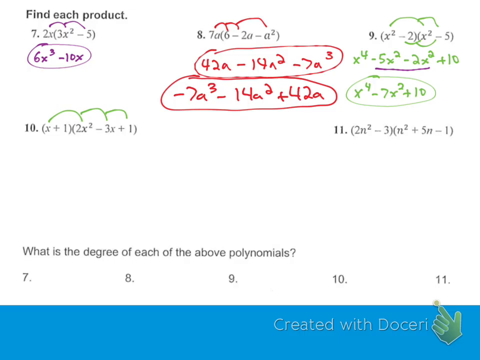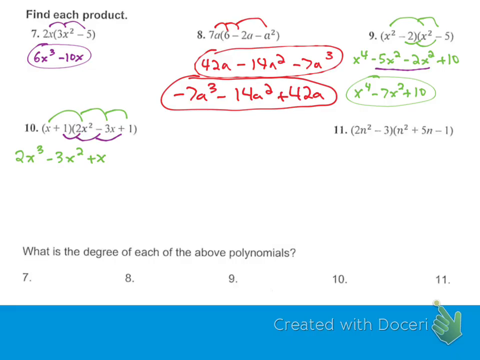So I'll have x times 2x squared, which gives me 2x cubed. X times negative 3x gives me negative 3x squared. And then x times 1 gives me x. Then I'll take the 1 and distribute it to all 3 terms of the trinomial.